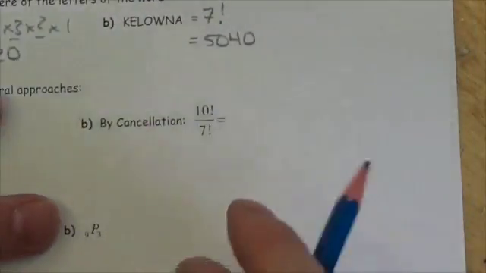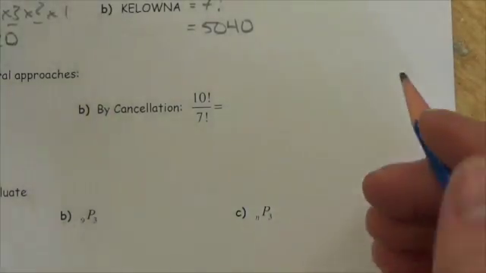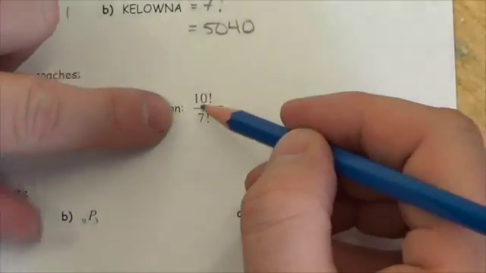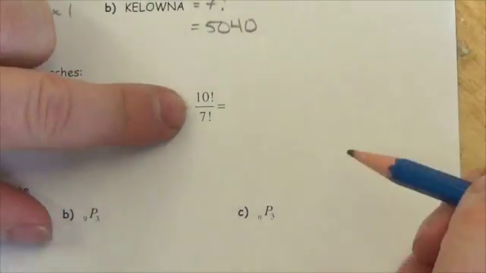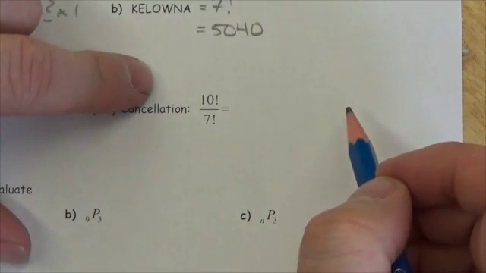Now let's take a look at this by way of cancellation. We're going to do, in a sense, the math of this, not really the algebra, but you get the sense here. The way to do this is you look at these two numbers. Which one of them is bigger? Well, I think it's pretty clear 10 factorial is going to be bigger.